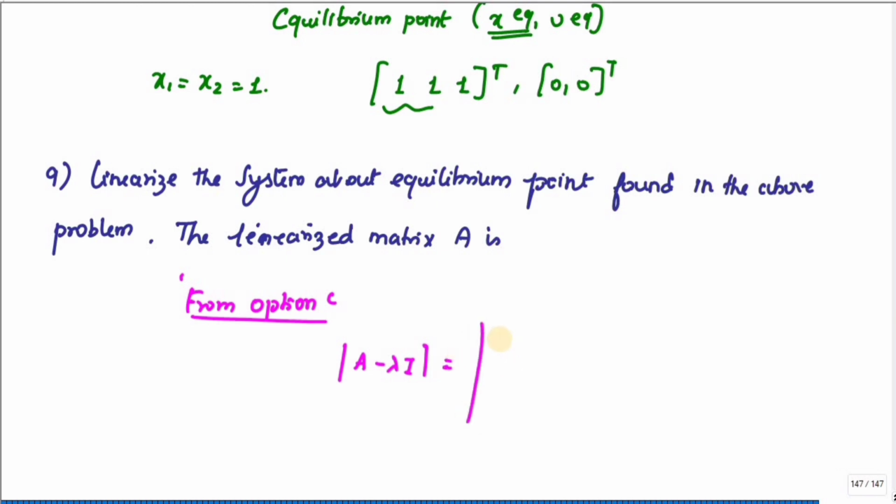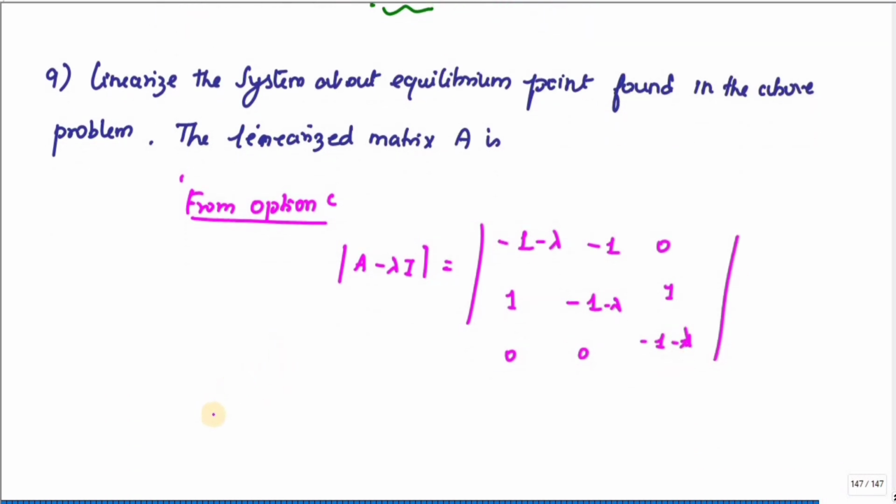So the next problem is the linear system about the equilibrium point found in the above problem. So the linear matrix A can be found like this option. Determinant of A minus lambda I can write it as minus 1 of minus lambda, minus 1 of minus lambda, minus 1 of minus lambda.